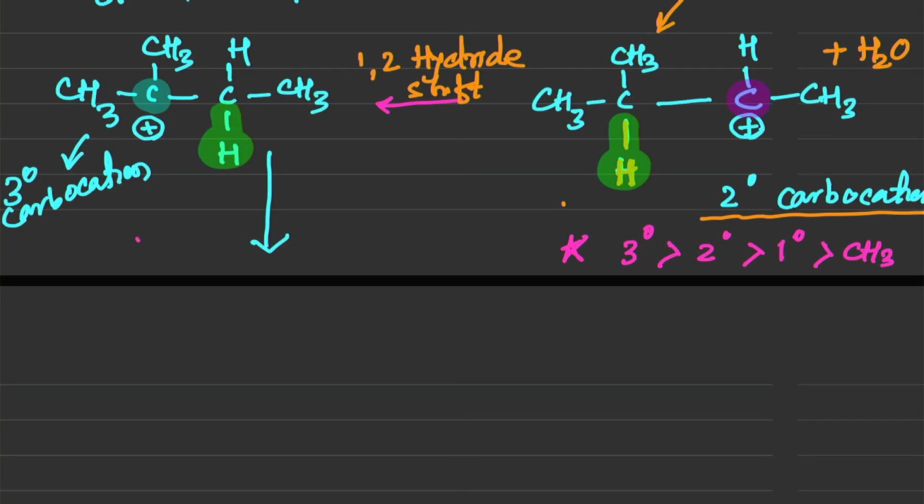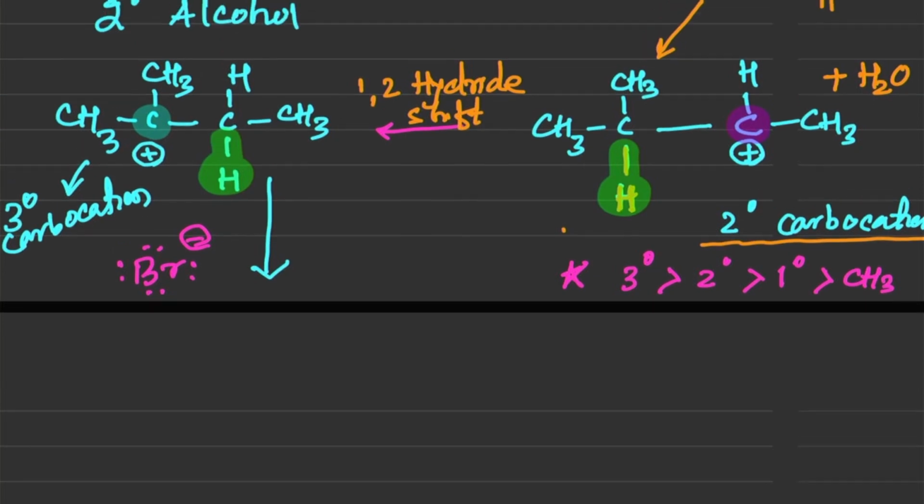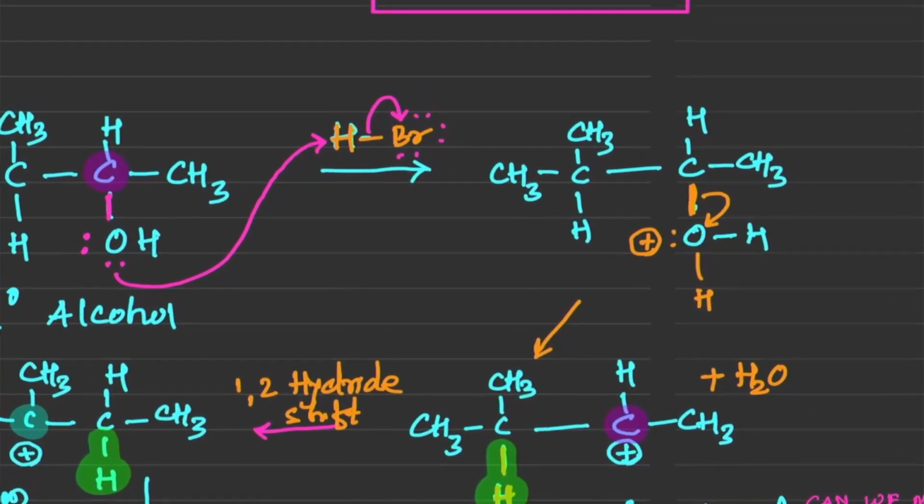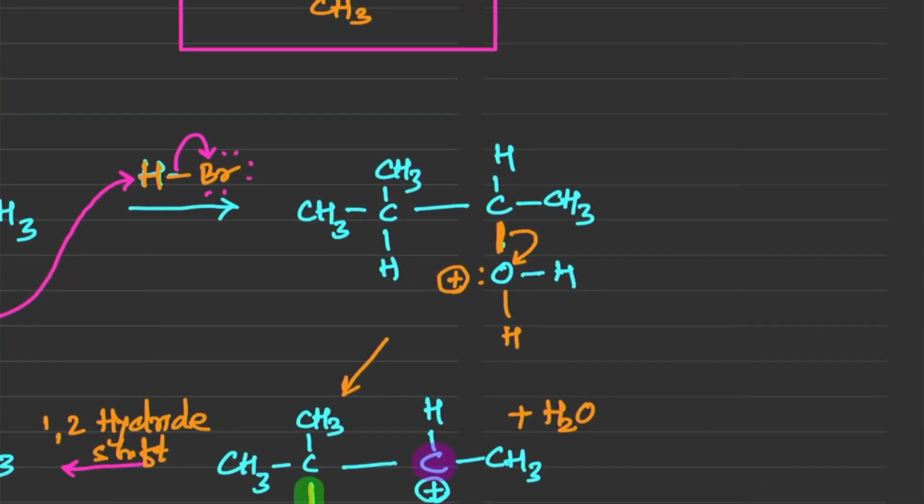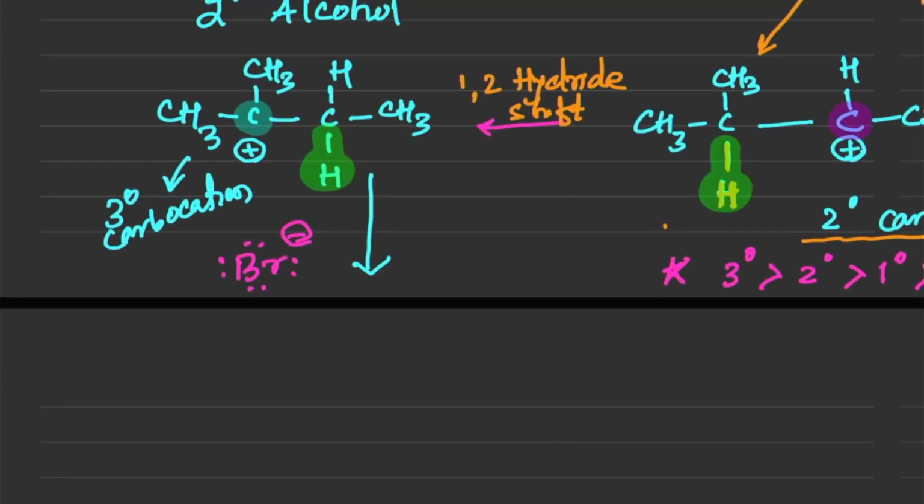Don't forget we have a bromide, Br minus, chilling in our reaction. There was a Br minus here; the bromine was left out. That Br minus is going to go and attack the positive charge.